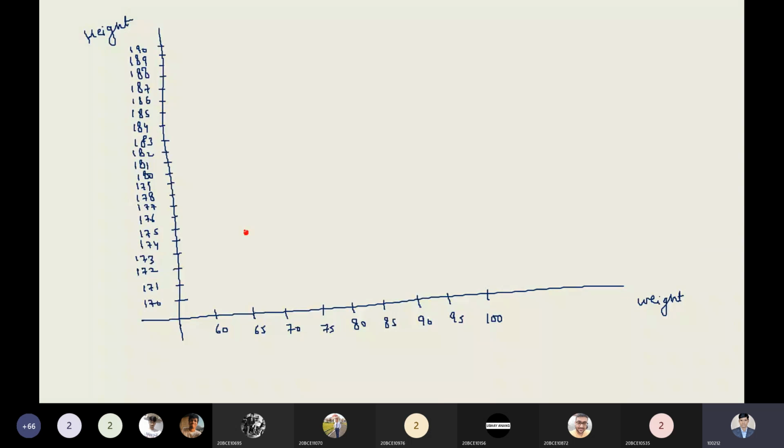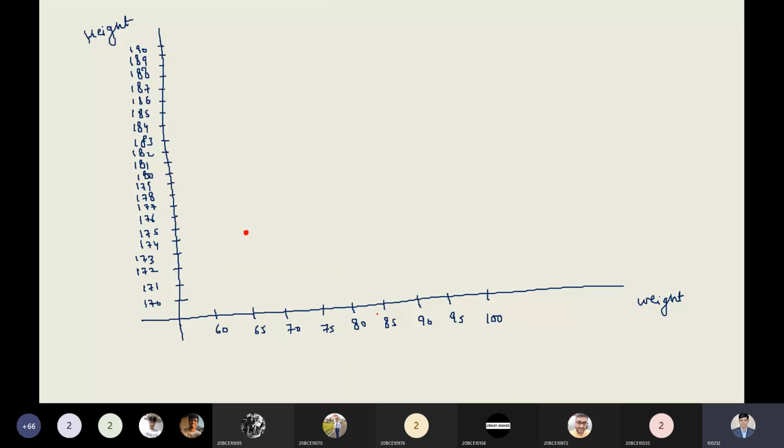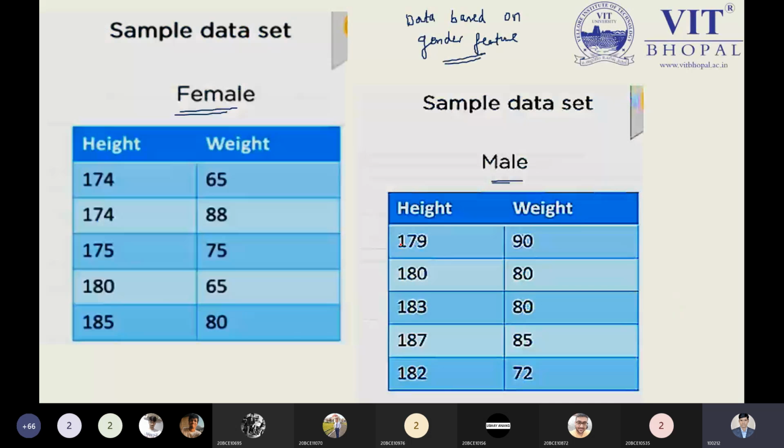I'm marking it as a red dot. Next we have 88 and then 174.